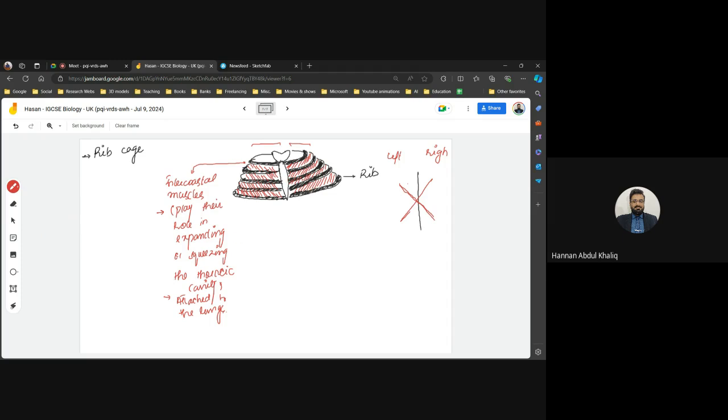Now, the sides which you are looking at, from left to right, you must remember that there are two layers of muscles. To make you understand, I can remove all the muscles from here and redraw them. Just look at this. There are two layers of muscles. One layer would be like this.